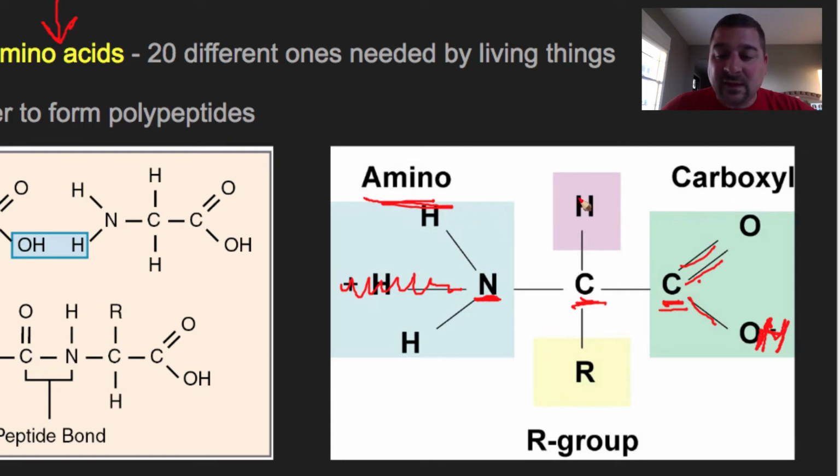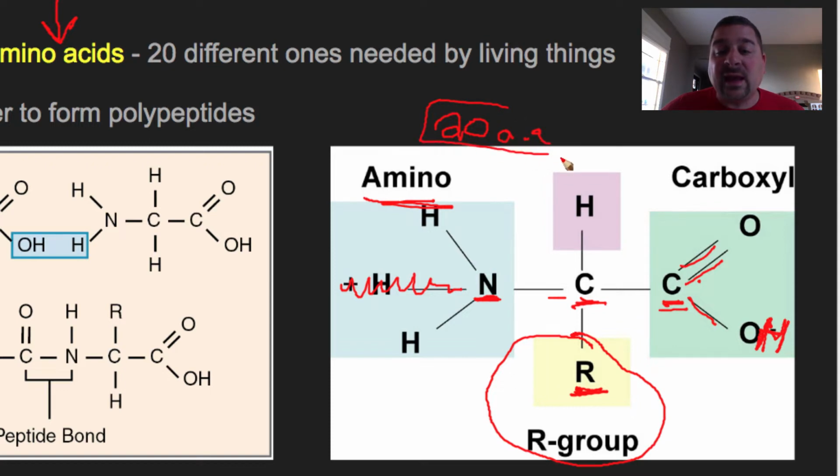These little amino acids here are what are chained together to make the bigger proteins. Notice this R group down here. R, just like in math, when you're doing long division you put R for remainder. This is the remainder of the molecule. There are 20 different amino acids found in living things, and we can make thousands and thousands of proteins from those 20 amino acids.